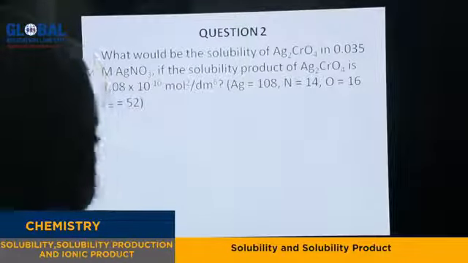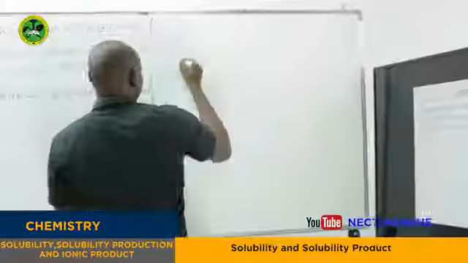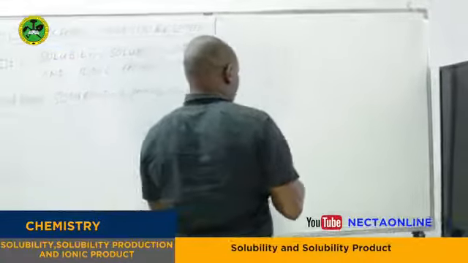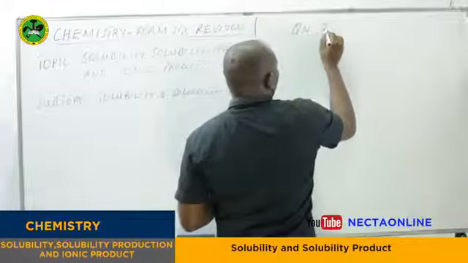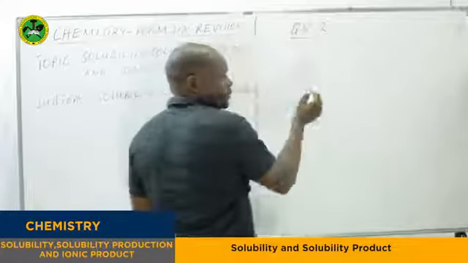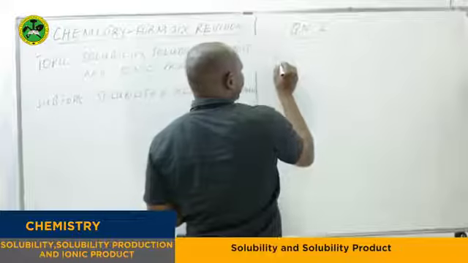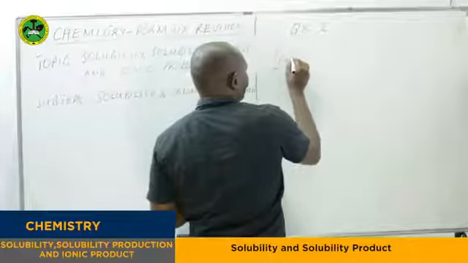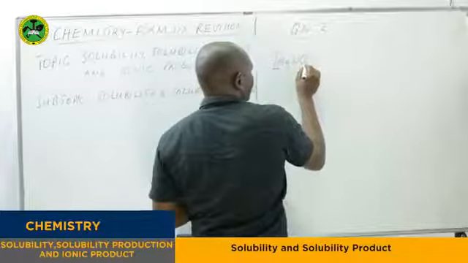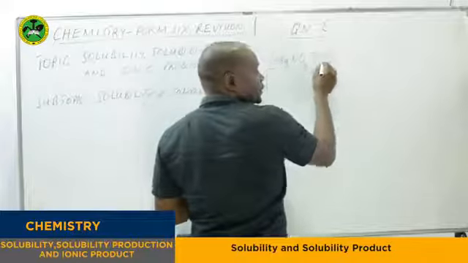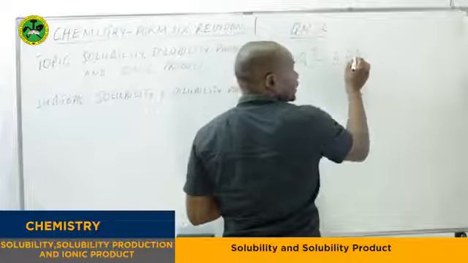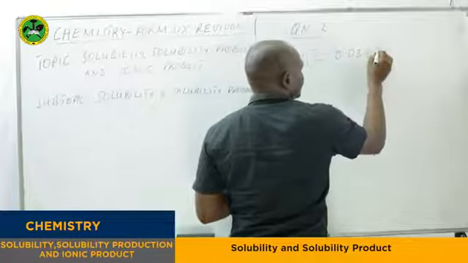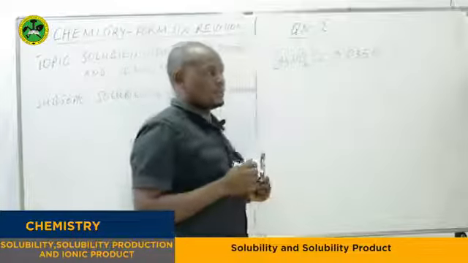So the data given, question number 2: we have the concentration of silver nitrate, which is 0.035 moles per decimeter cubed.